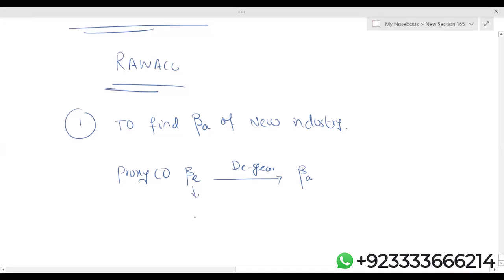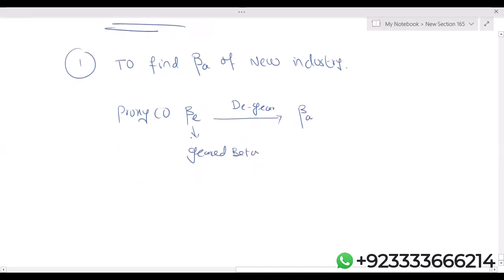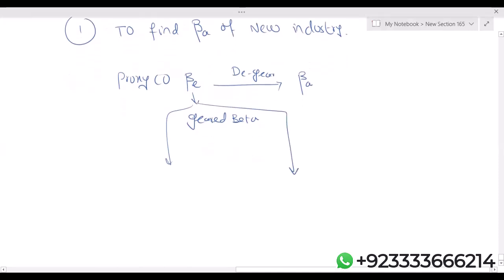Beta equity, another name for the beta equity, is a geared beta. More explanation on the beta equity: beta equity is a two risk beta. It measures financial risk as well as business risk.